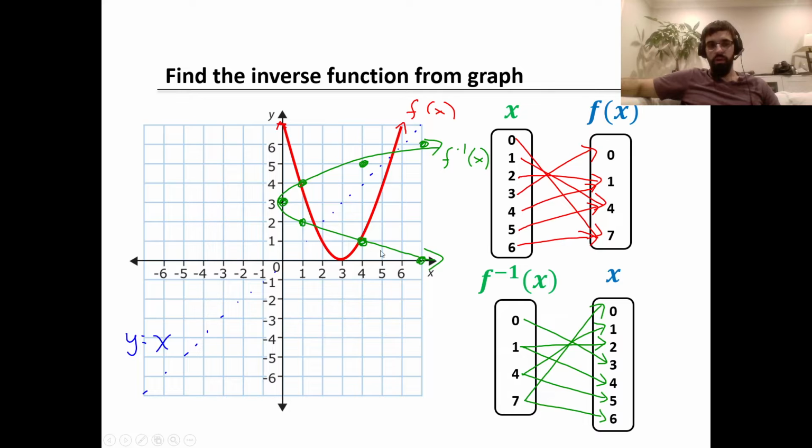And then after that, we're going to hit the top of the parabola, and we're going to start moving back to the right. And when we do this next point here, we should notice 4 maps to 1, which means in our inverse function, 1 is going to map to 4. (1, 4) is right here. And we've hit a point right here where we've realized something.